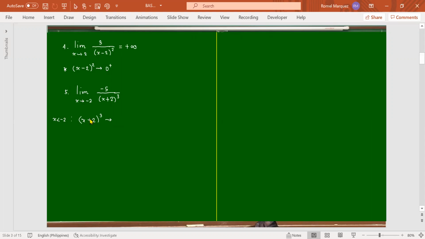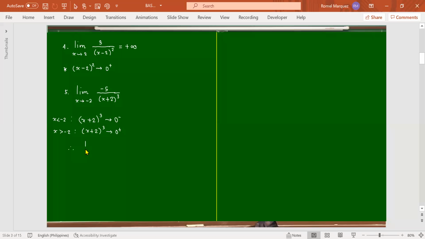Negative values, no? Through negative values. Kapag naman ang x ay greater than negative 2, so yun yung mga negative 1.9, negative 1.8, no? So, this difference will be going to 0 through positive values. When you cube it, it is positive, okay? So, (x plus 2) quantity cube approaches through positive values.